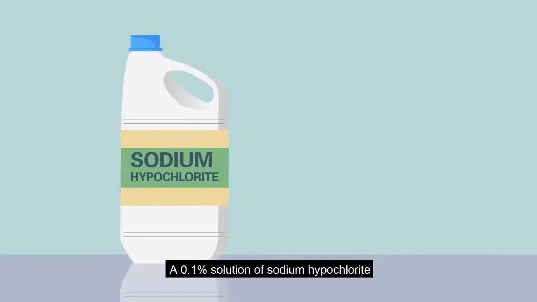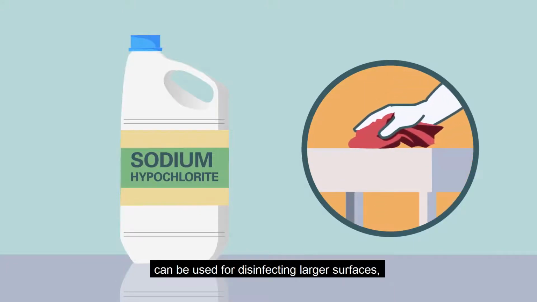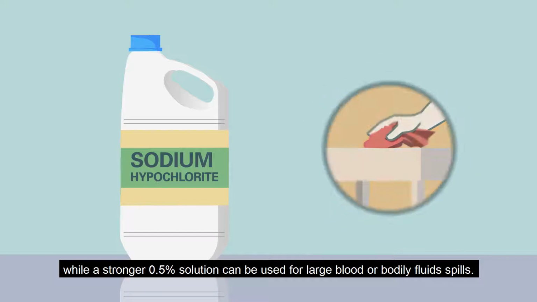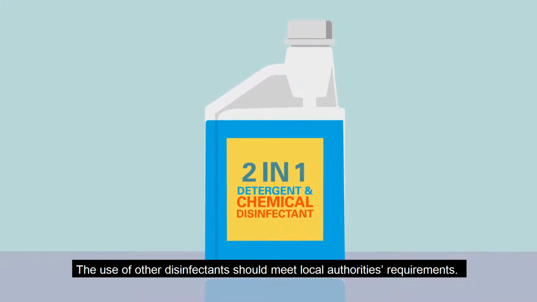A 0.1% solution of sodium hypochlorite can be used for disinfecting larger surfaces, while a stronger 0.5% solution can be used for large blood or bodily fluid spills. The use of other disinfectants should meet local authorities' requirements.